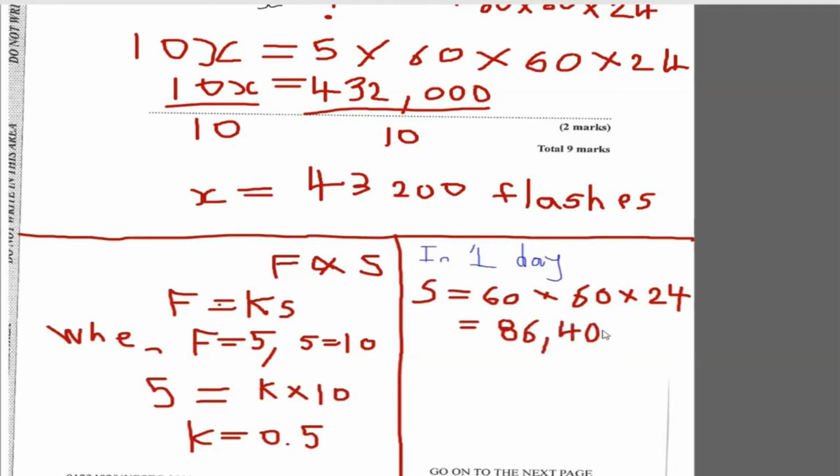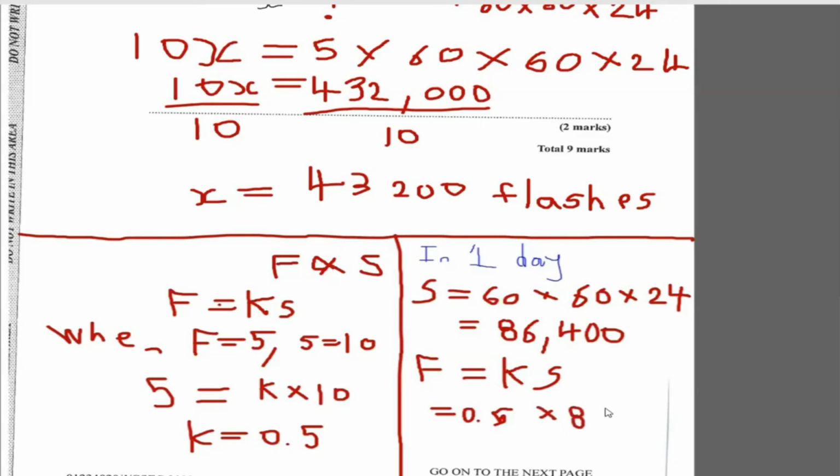So now to find how many flashes correspond to 1 day, we say F is equal to K times S. But now K is a half. So F is equal to 0.5 times 86,400.